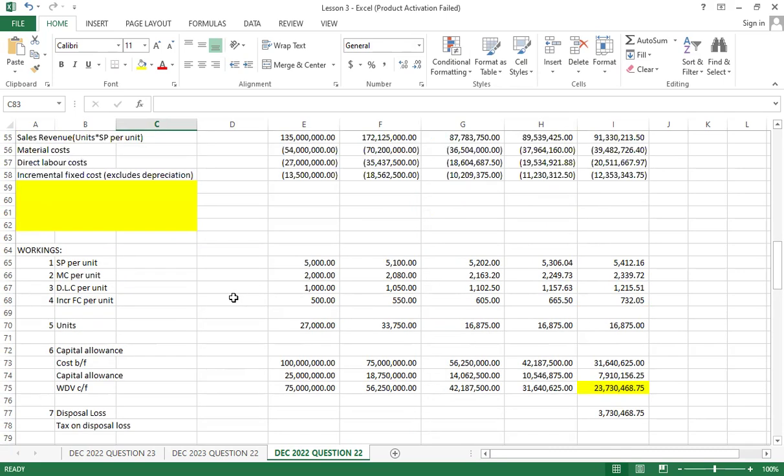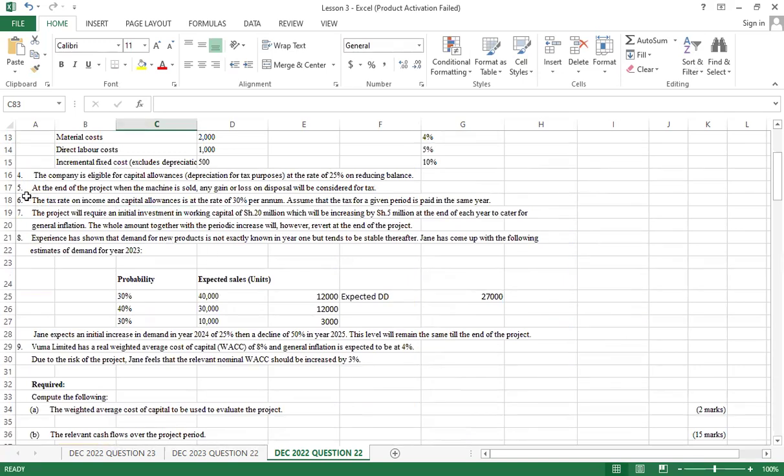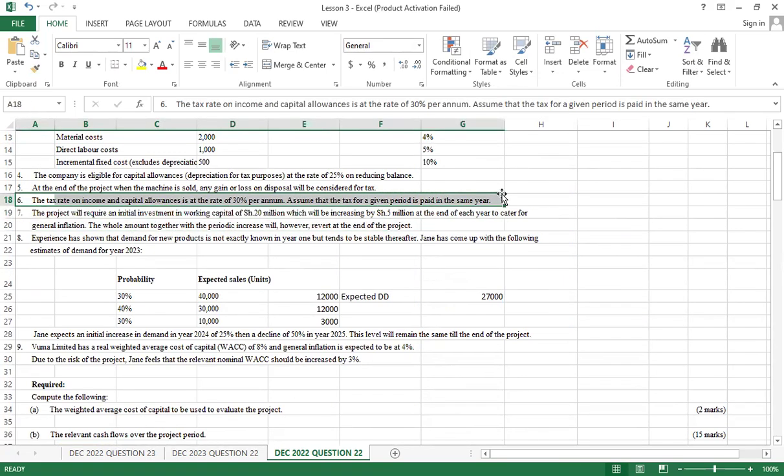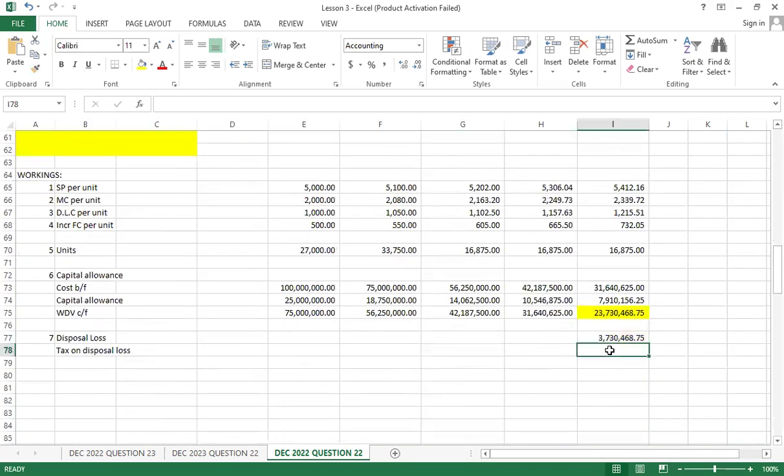Please remember when you look at note number 6, the question had said that the tax rate on income and capital allowance is at the rate of 30%. Meaning that as we tax this disposal loss, we shall take the loss, which is this 3.7, and multiply by 30%.